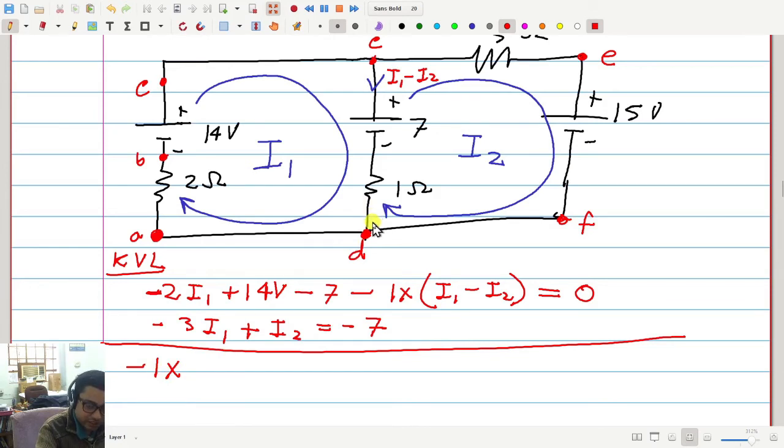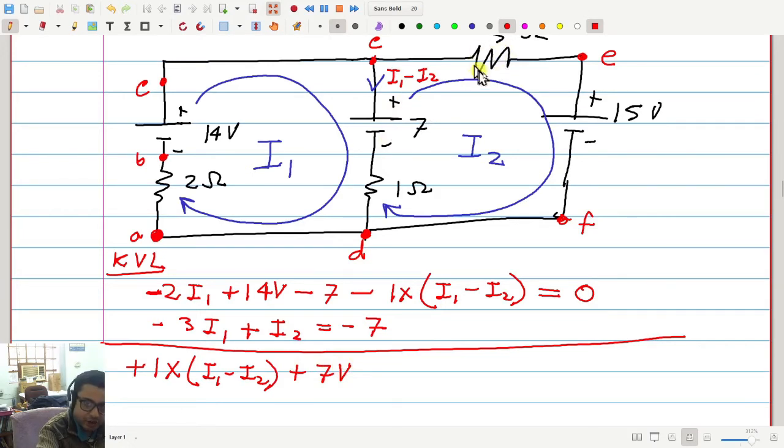This is a voltage rise, so +1 multiplied by I1 minus I2. This is a voltage rise from here to here. Then another voltage rise of +7 volt.